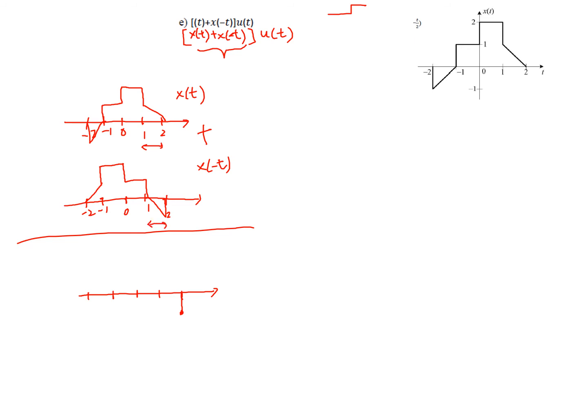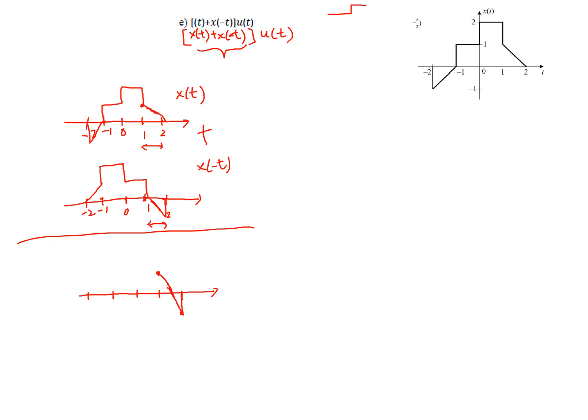You can see it like you are adding them up. So let's say at this point is 1, and you add up with 0, so it becomes 1. So this one actually is a straight line after you add up. Alright, this straight line added up with this straight line will give you this straight line.